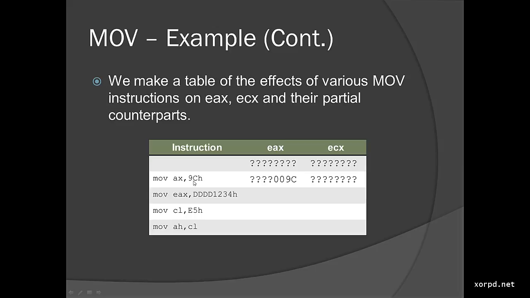And when we wrote 9C inside of it, we overrode this part. The next instruction is going to be the copying of this value, DDDD1234, into EAX. This is going to override the previous value that we put inside EAX.